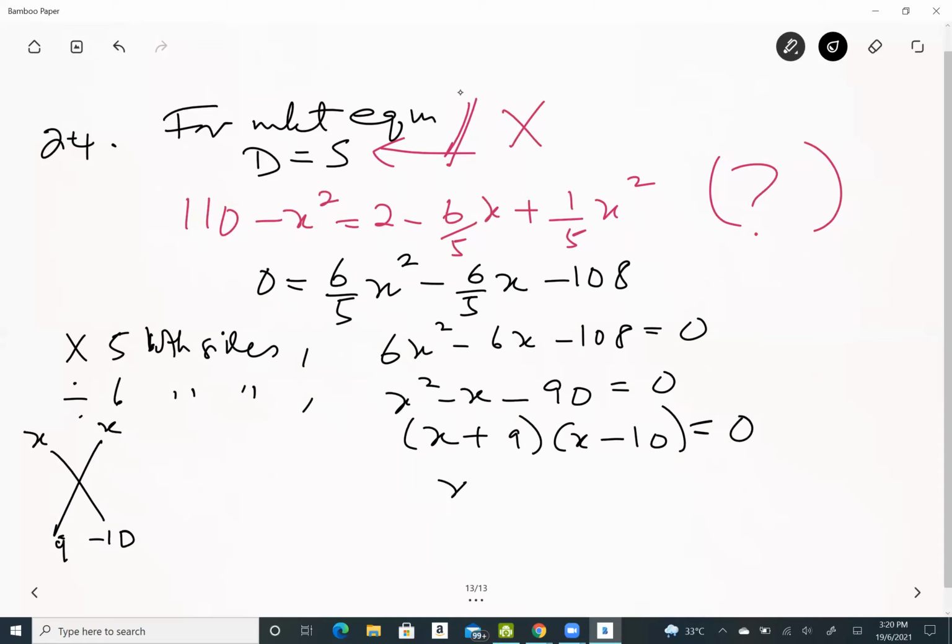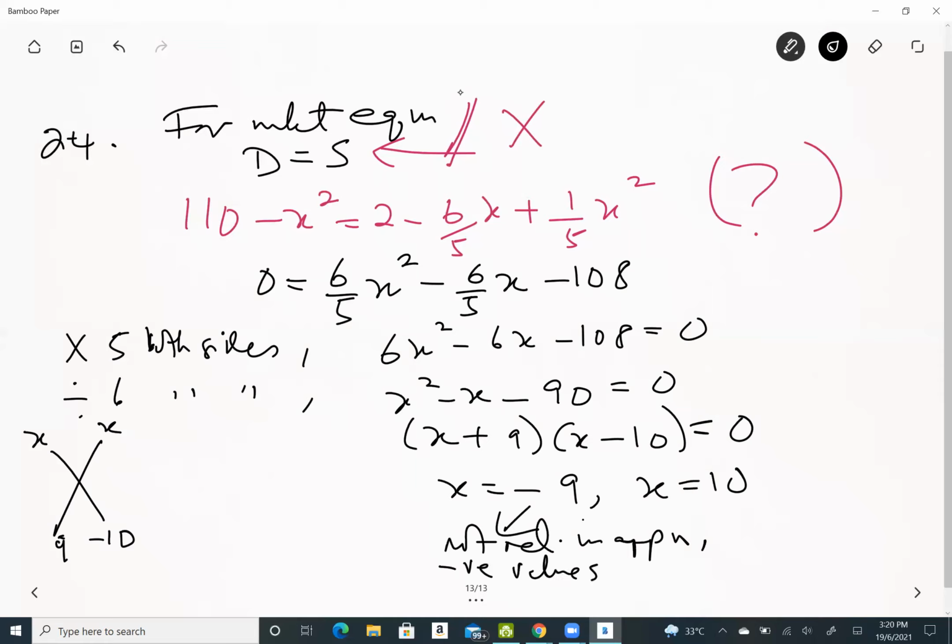And then x will be equal to negative 9, or x equal to 10. For application, negative values are not relevant, so you consider x as equal to only 10.